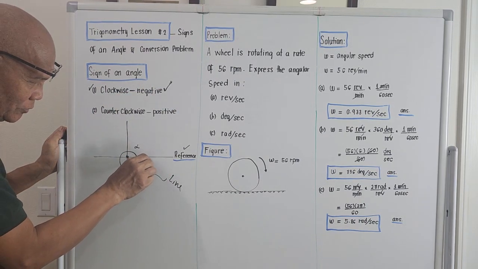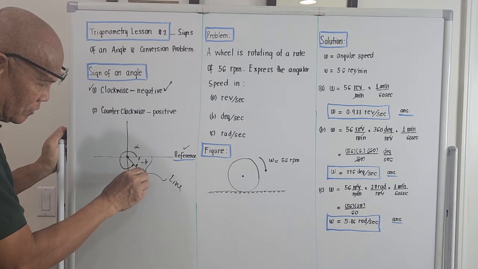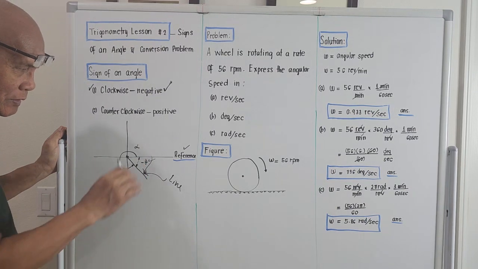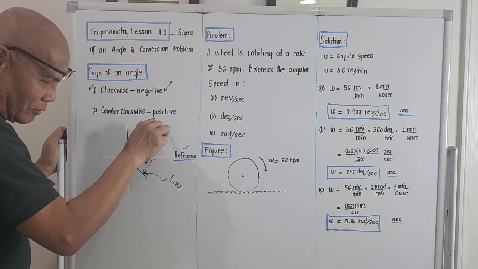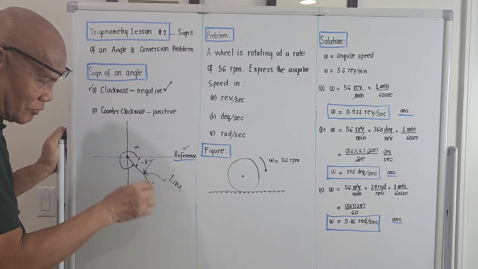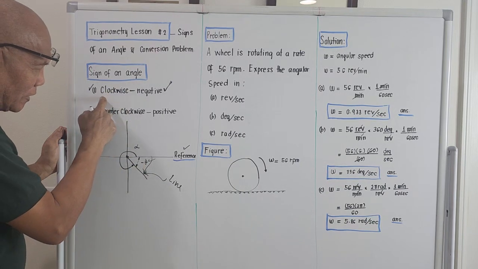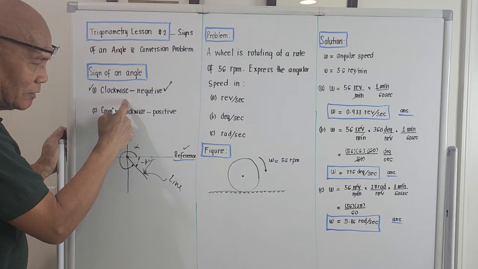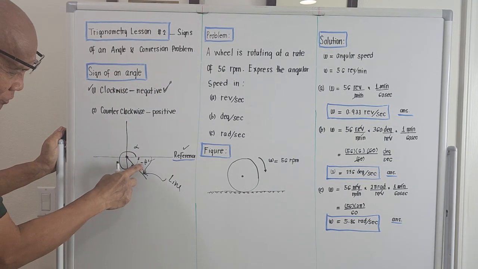With respect to this line here, if I go like this, I could represent this as negative angle theta. It goes with the direction of the clock, so we designate this as a negative angle. So for a clockwise rotation, when we are designating an angle, the sign should be negative.